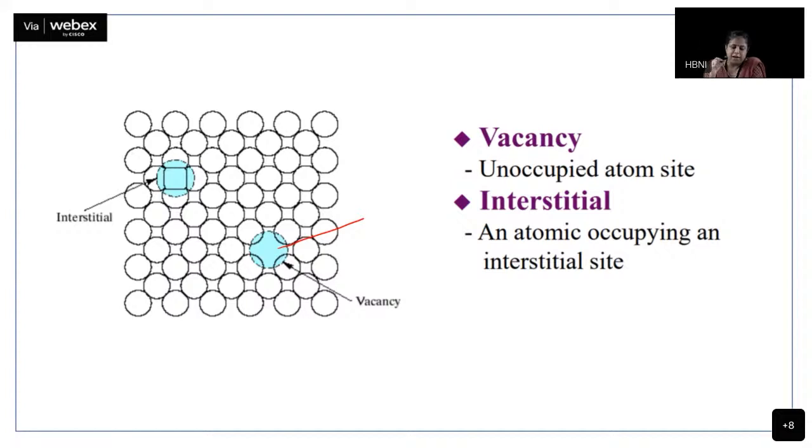Okay, and just going a little forward, even though we will talk about it a little later, if you try to imagine around this vacancy that is shown here, if we have an empty space, the nearest neighbor atoms that are surrounding it kind of jostle in a little.